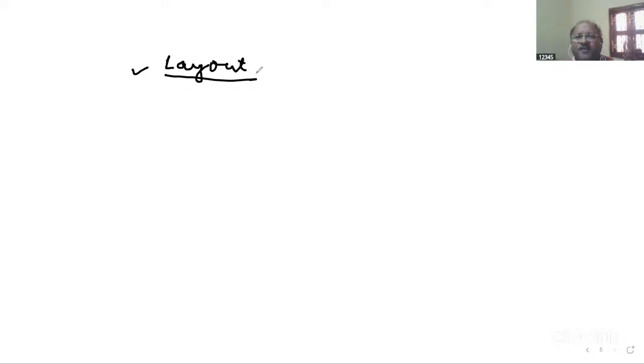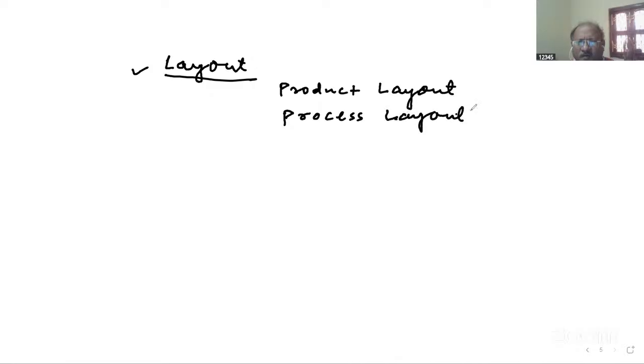So now we have different types of layout. These are very, very important. First one is your product layout. Then we have process layout. Then we have fixed position layout.